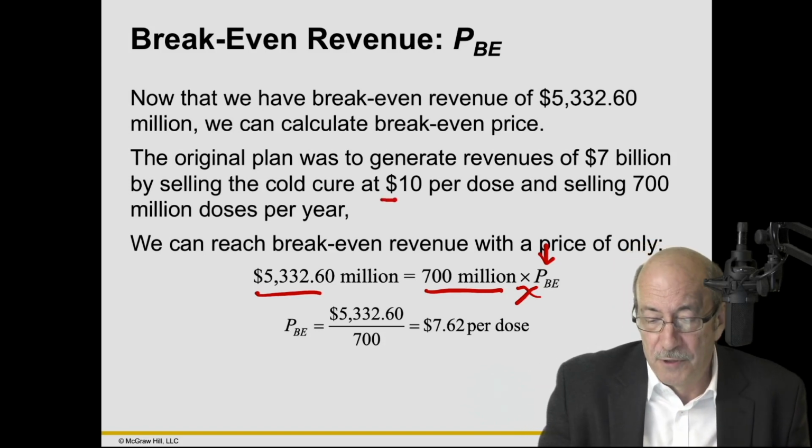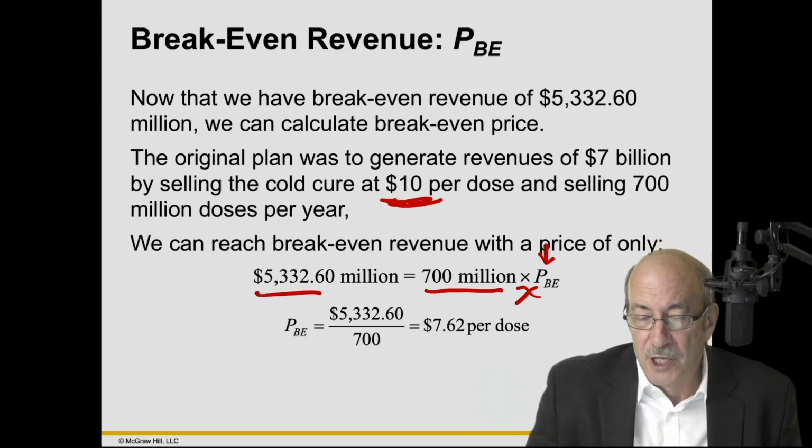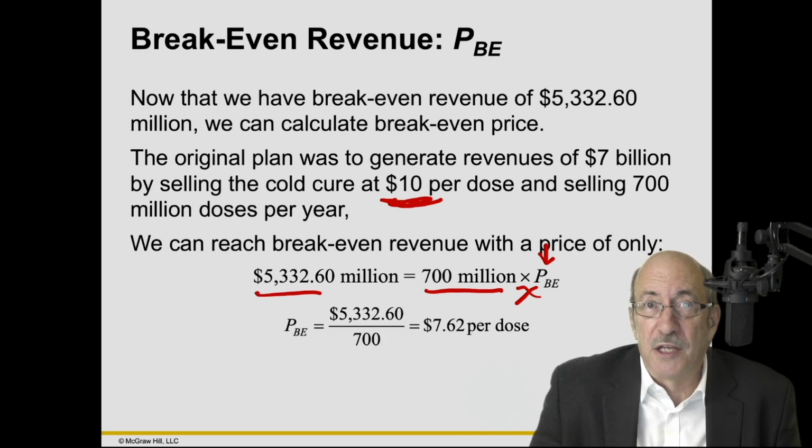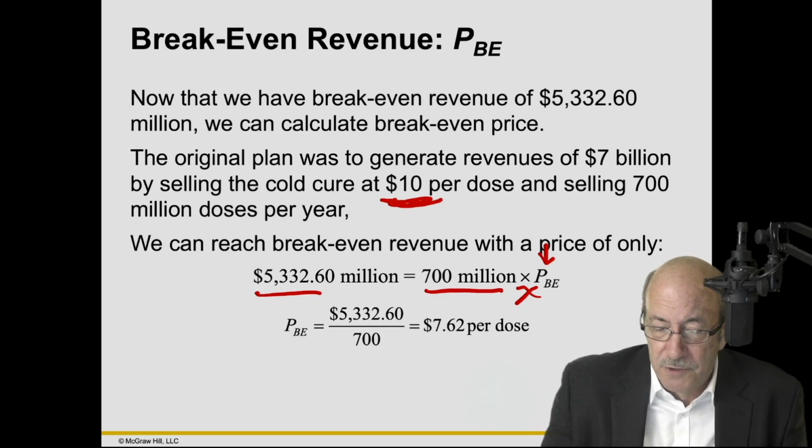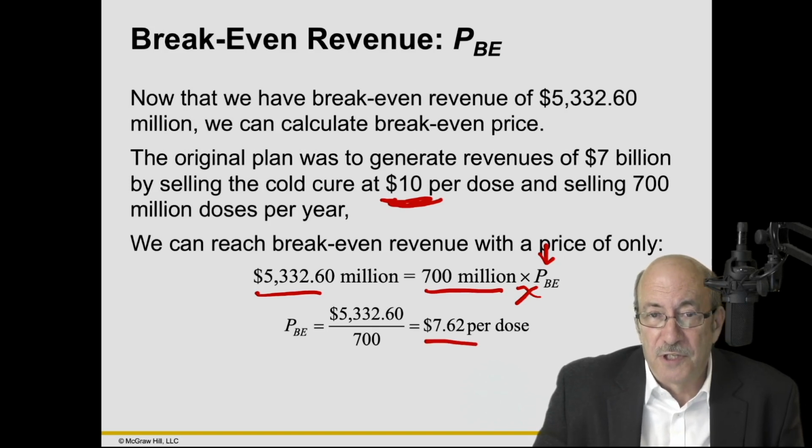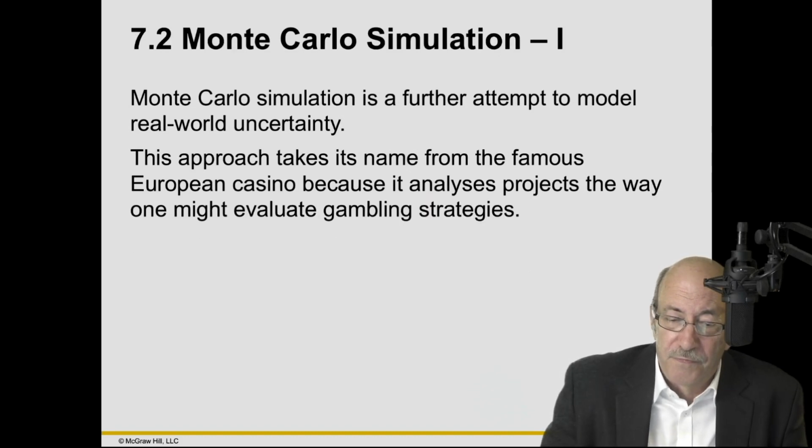If we remember, we assumed originally here that we were selling at $10 per dose. But what's the minimum price that we could charge that would still give us an NPV of 0? And the answer is $7.62 per dose. Okay, so that's a break-even analysis.